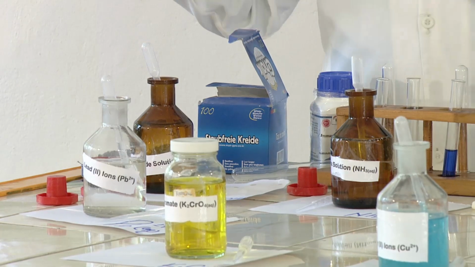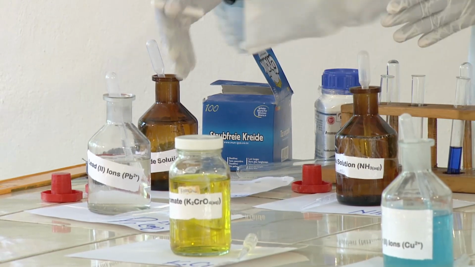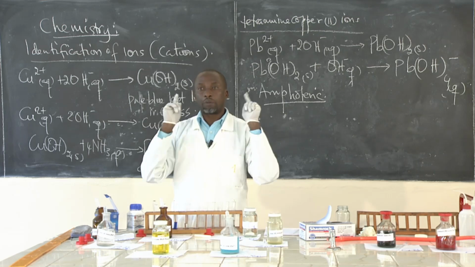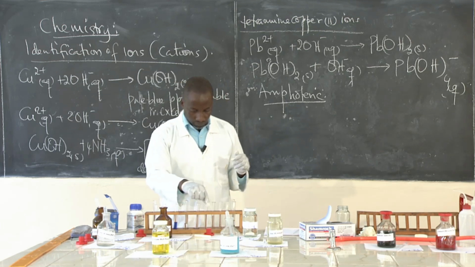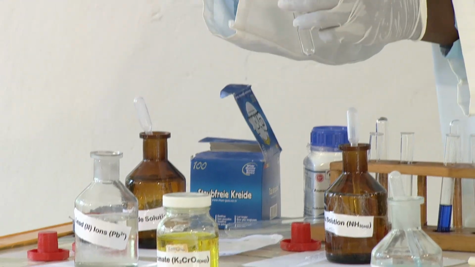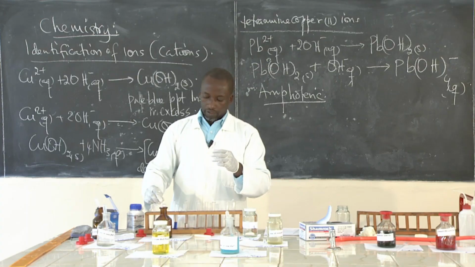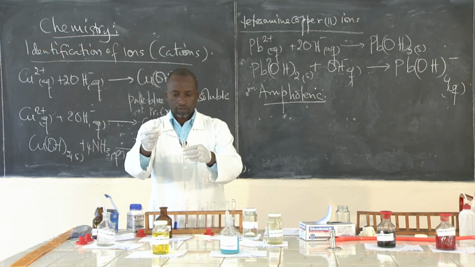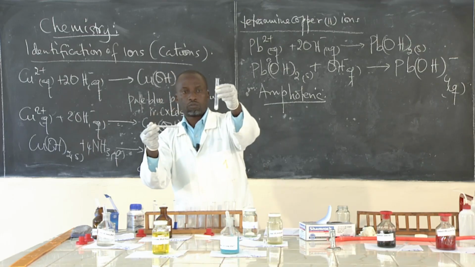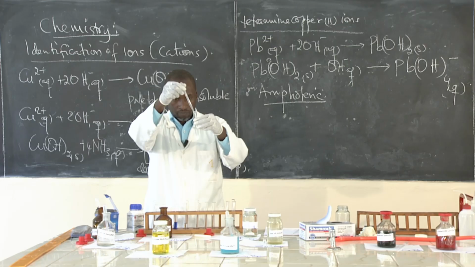So that was sodium hydroxide, so we have to look at the lead with ammonia solution, and then we see the effect. Remember, we said these are preliminary tests. So we have the lead, a few drops, then add a few drops of ammonia. White precipitate forms.